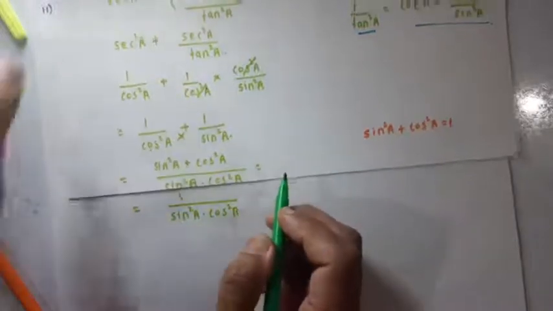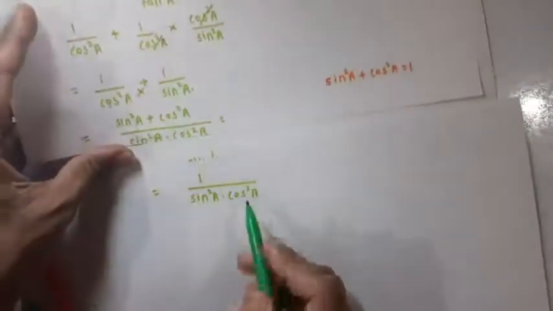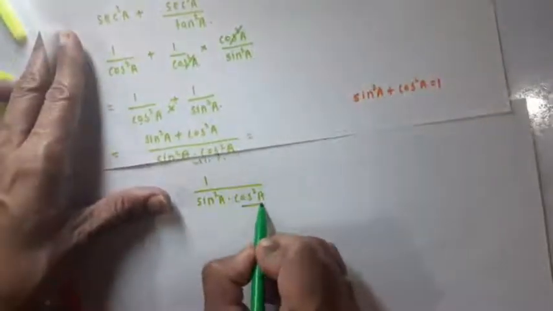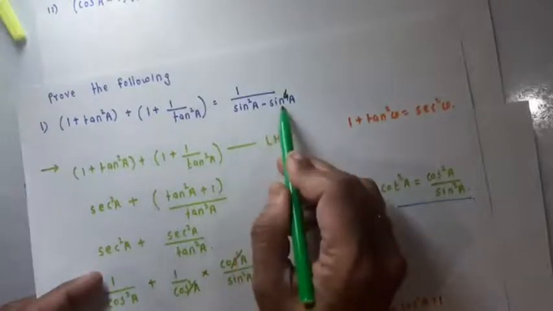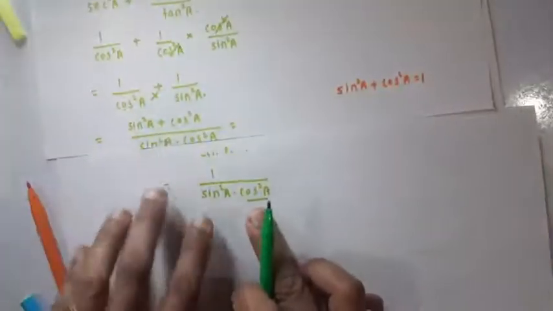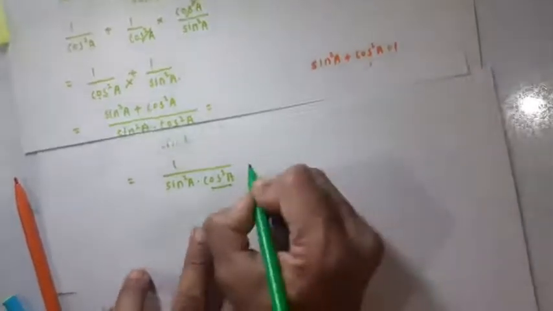Okay, and what we have to prove? We have to prove this is sine square A minus sine raised to 4A. So here we have sine square and cos square. We can convert this cos square in terms of sine, because in the proof both terms are sine. So convert this cos square in terms of sine by using this trigonometric identity.